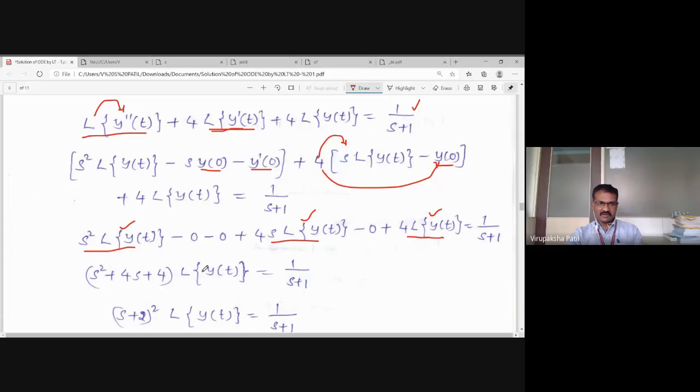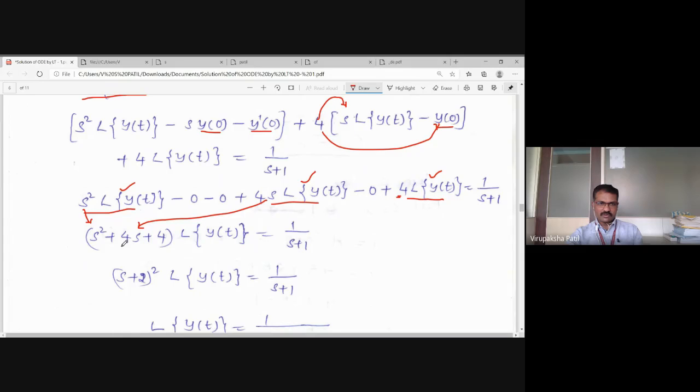From the first term you are left with s square, from the next term you are left with 4s, and from the last term you are left with 4. So you get s square plus 4s plus 4 into L of y of t is equal to 1 divided by s plus 1. But this s square plus 4s plus 4 is of the form a square plus 2ab plus b square.